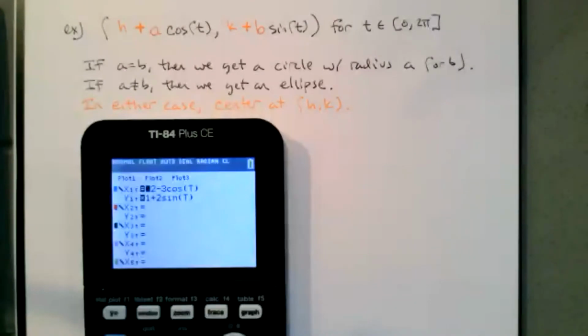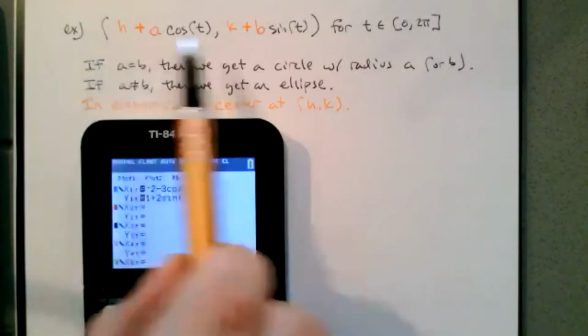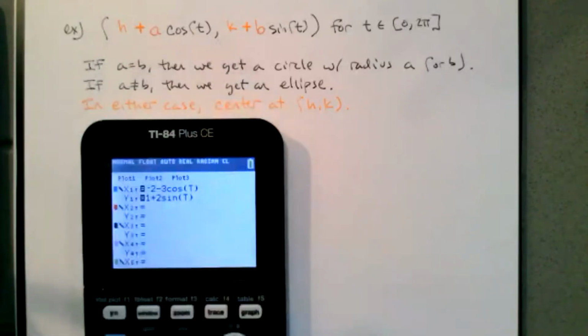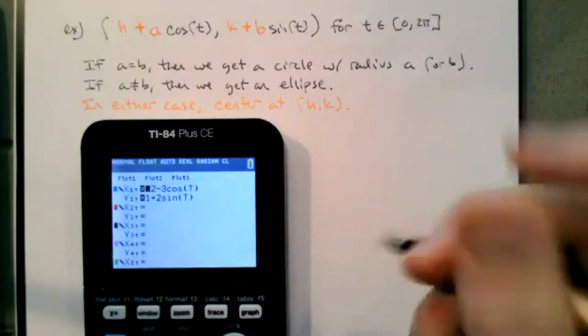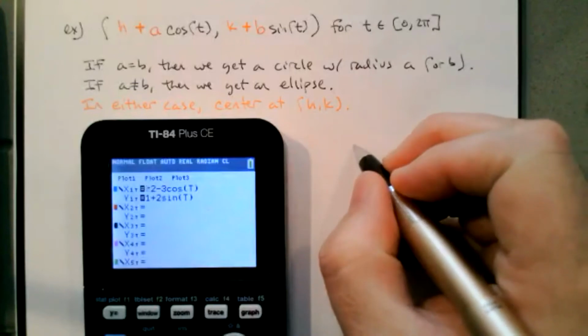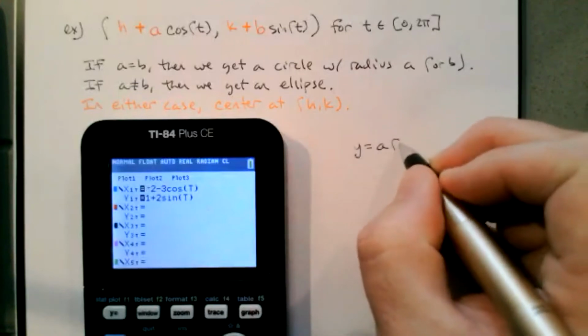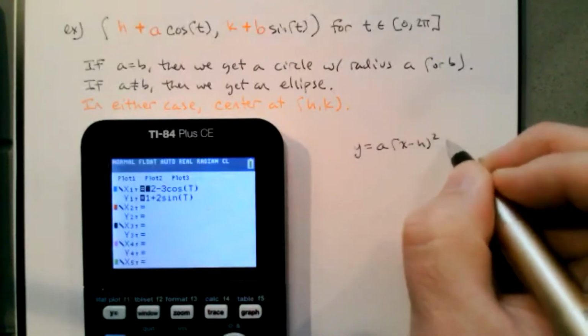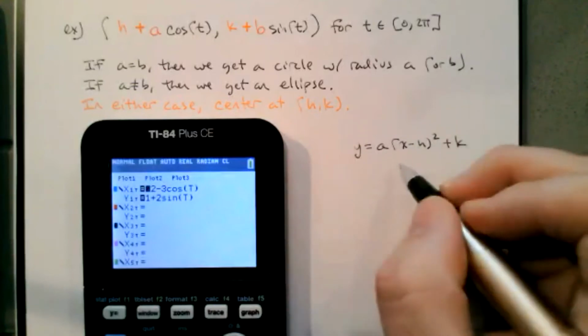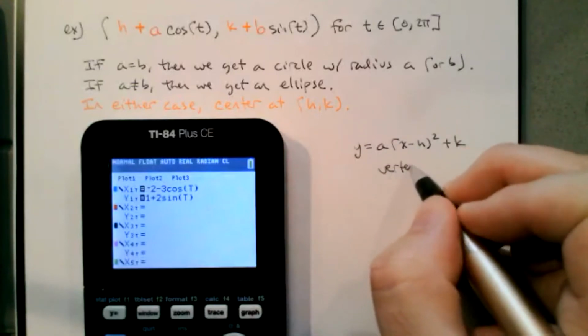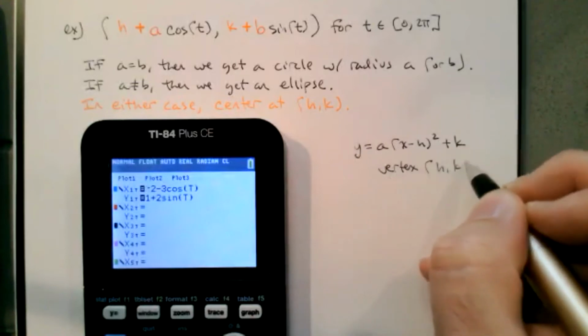Yeah, also notice how the h and k are included. We're just adding an h and we're adding a k. When horizontal shifts go the opposite direction, that's because in the expression we're writing x minus h. So if we think about the parabola y equals a times x minus h squared plus k, the vertex is at h, k.